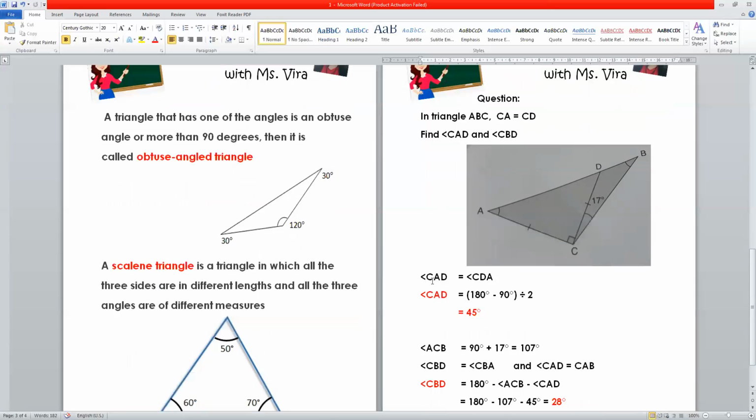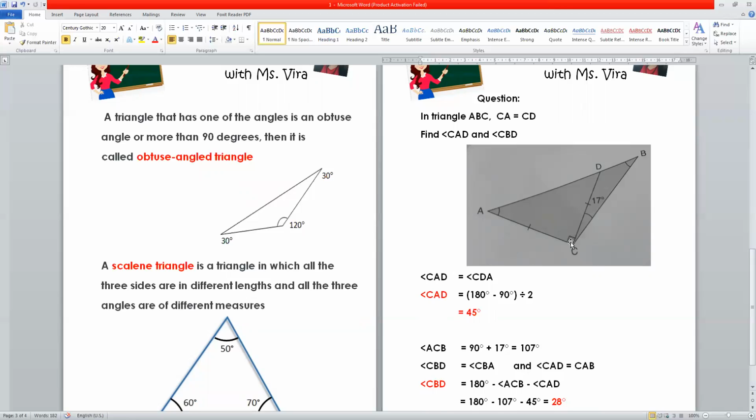So here angle CAD is equal with angle CDA because it's already mentioned here that CA equals CD. So for sure this triangle CAD is an isosceles triangle.